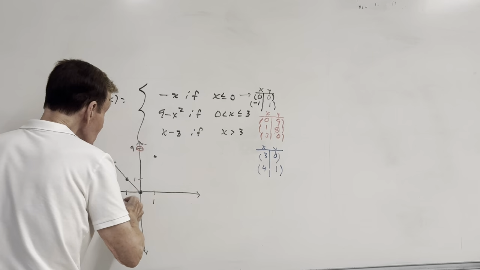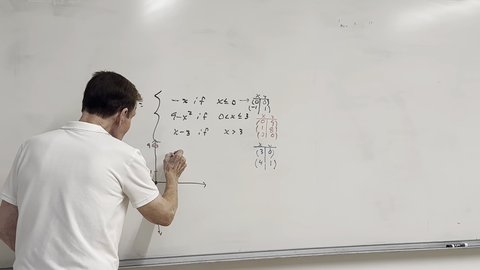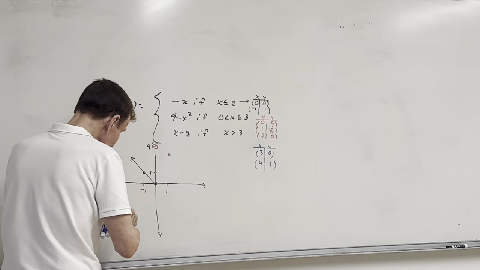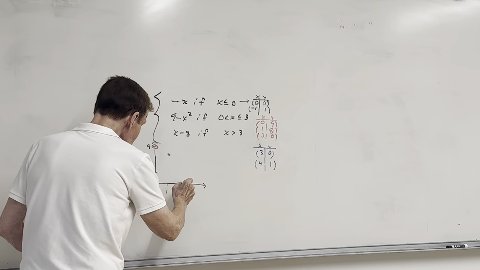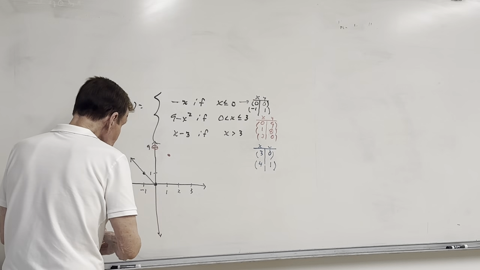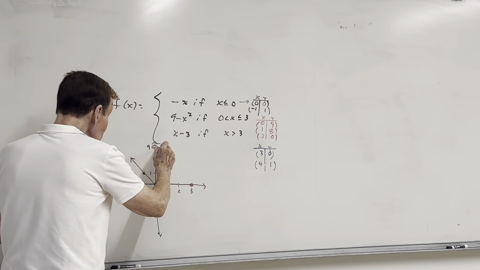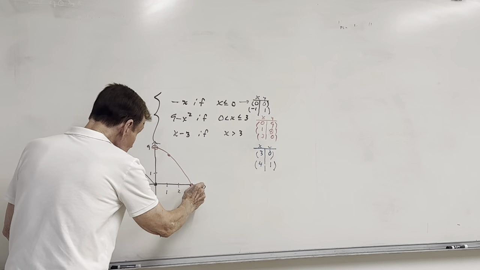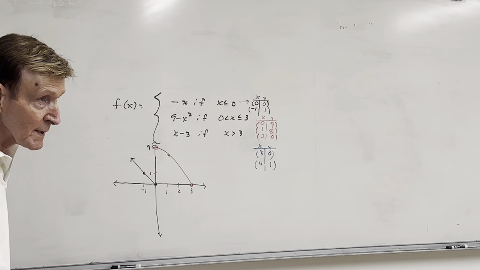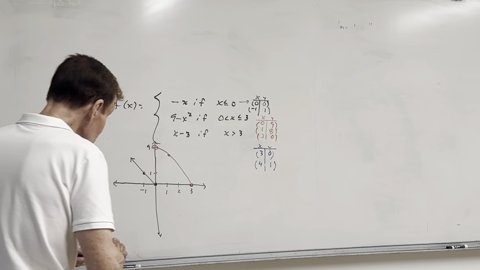That's on the graph, and that's the red one, so I should be using red here. Out 1, up 8, and then of course (3, 0), and that (3, 0) can be included. So the red one, if we have everything correct here, guys, is a piece of a parabola opening down. That's true, guys? Make sense? Vertically shifted up 9.